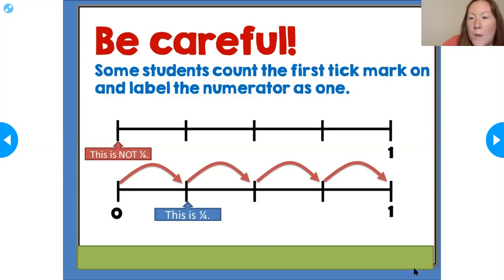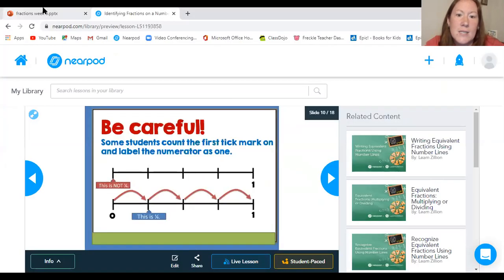And I'm going to wrap things up here, friends, with you. I am going to ask that for your independent practice today, that you create on your own 3 additional number lines. You choose the fractions that you want represented on each number line. So 1 fraction represented on each number line. They each need to be different fractions.